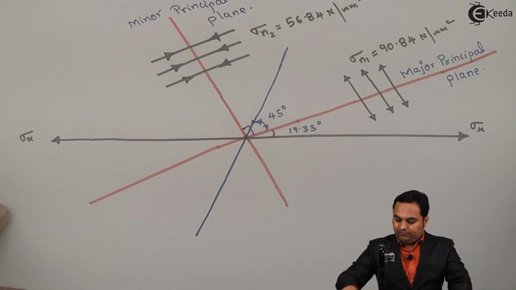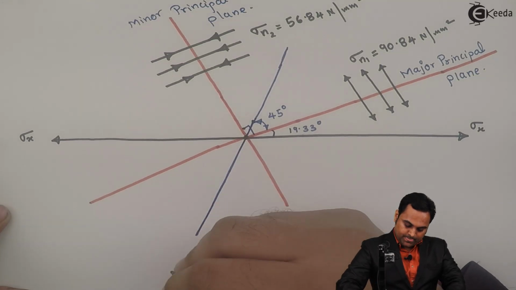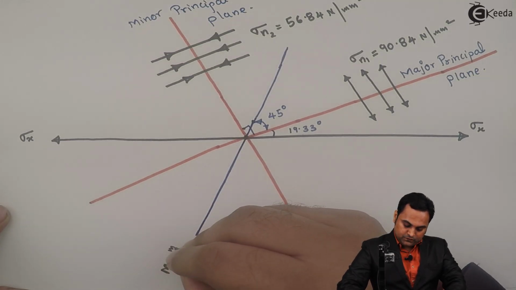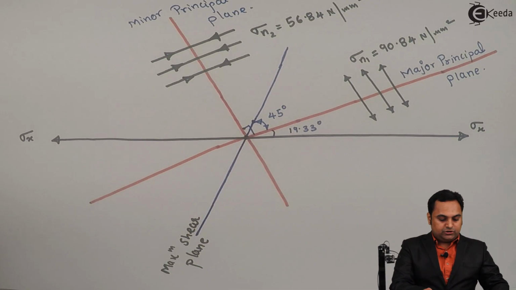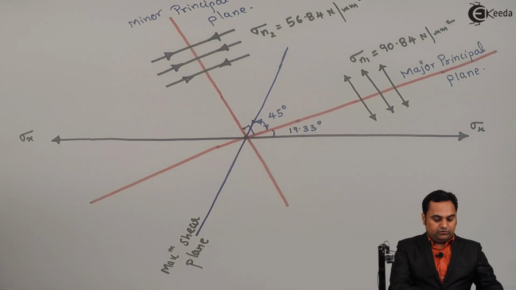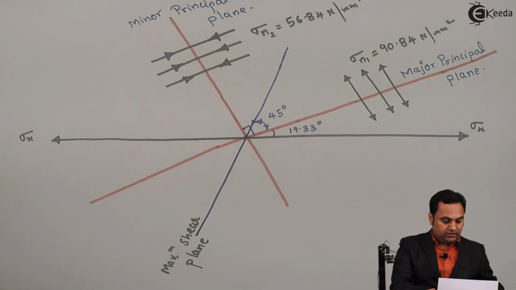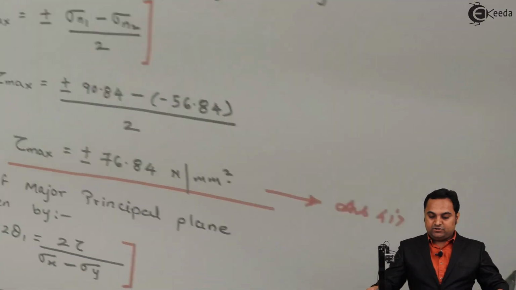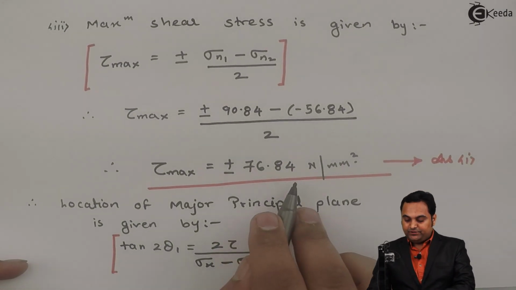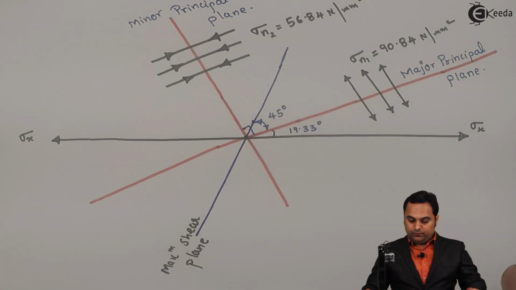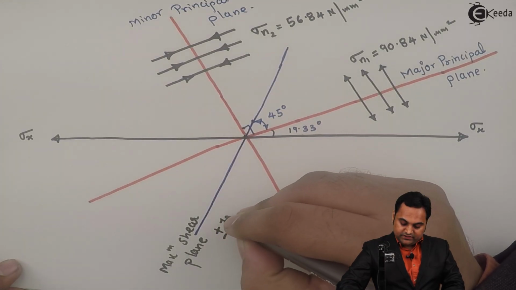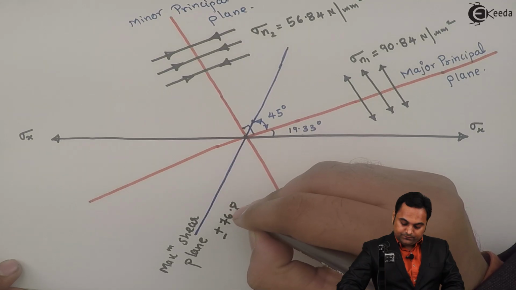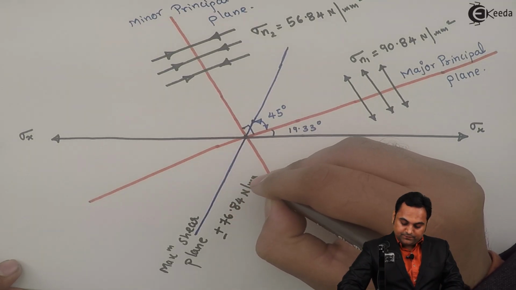It means this is the plane of maximum shear. So this is the maximum shear plane, and the stress value was the maximum shear stress. We have found out tau max, that tau max value was plus or minus 76.84 Newton per mm square.